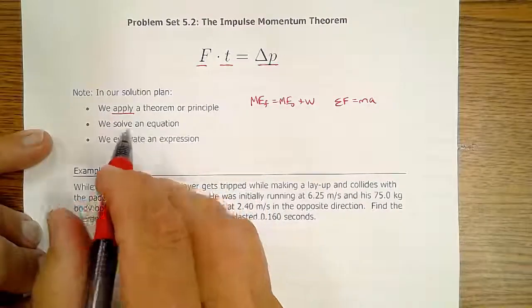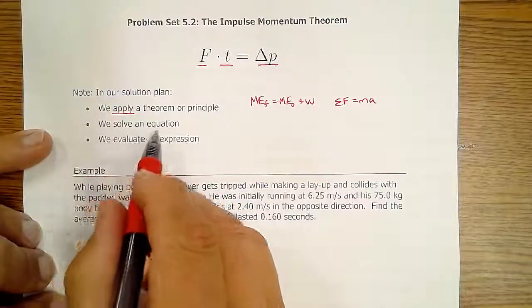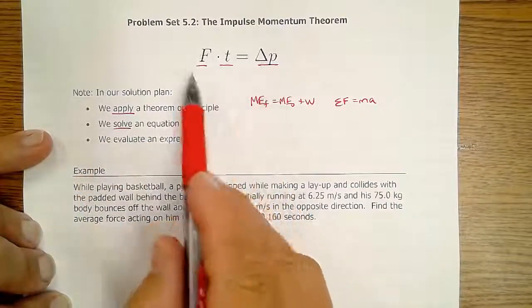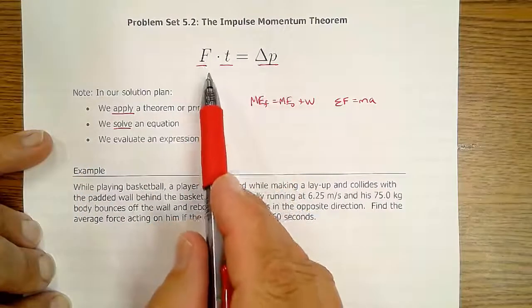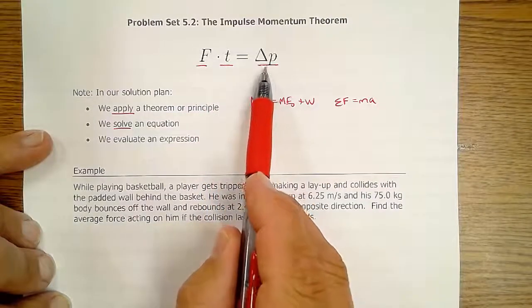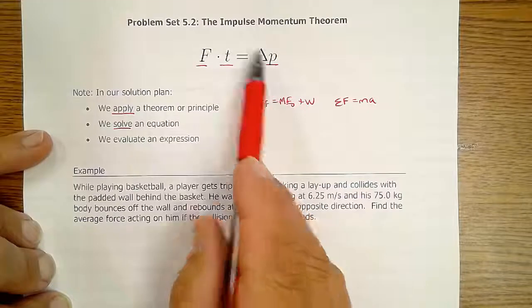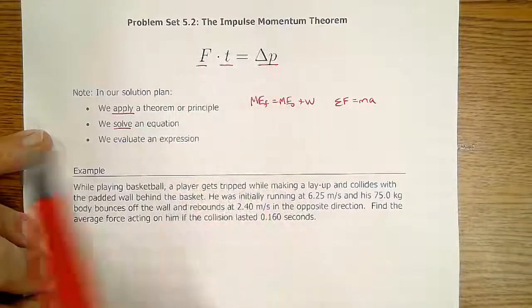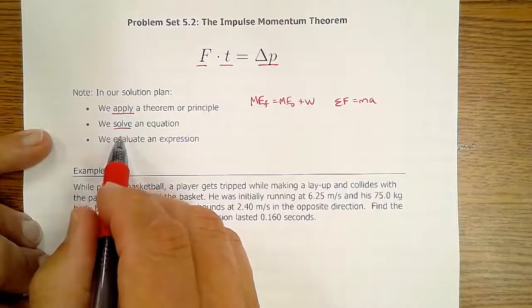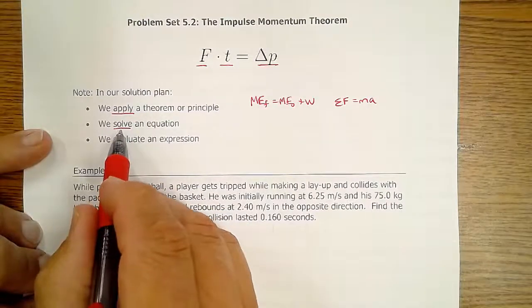Now, if you have an actual equation with the variable you're looking for in it, we say we solve the equation. Once we write this out, we might have an m in it, so we can say we're going to solve that equation for m. You cannot solve this theorem or principle for m because there's no m explicitly stated in it. If you have an equation and you're rearranging it for a variable that's in the equation, we say we solve the equation.